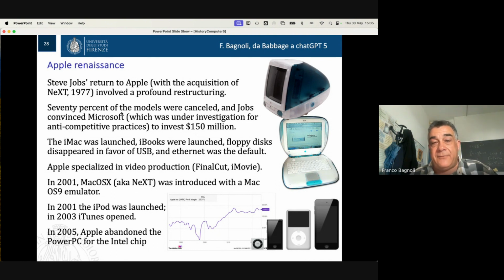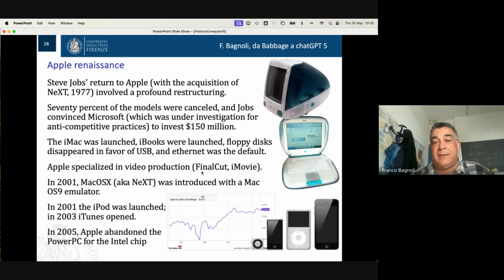Clearly, Microsoft invested a lot in this because the idea of Microsoft was to use Apple to test new things and then port them to Windows. And so after, you remember, Apple aimed at desktop publishing. Now the new market is movies and music.